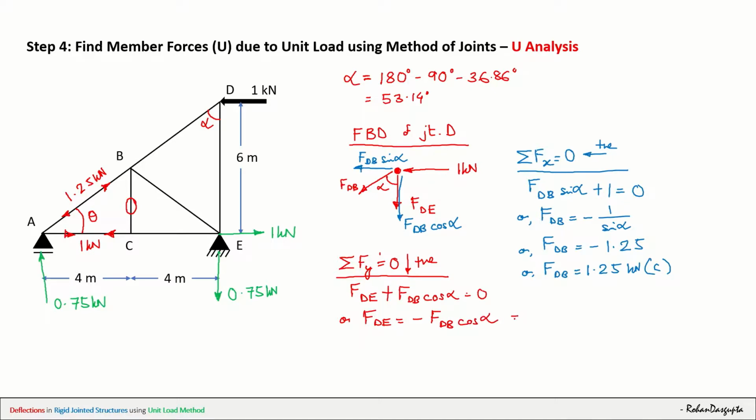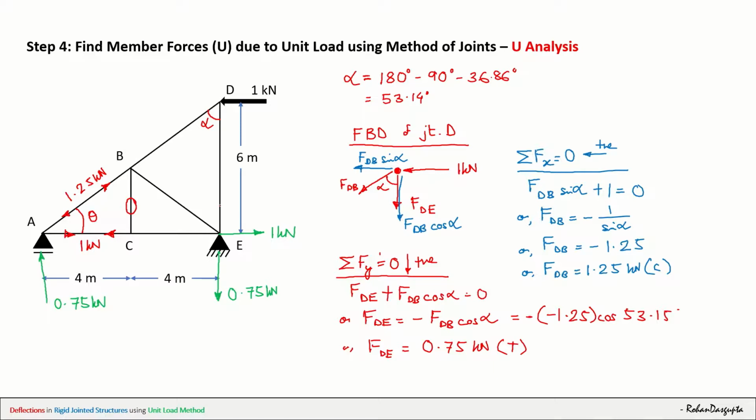Now here let me put the values. So minus, and FDB itself is minus 1.25, and cos alpha, alpha is 53.14 degrees. So if you find out, FDE will come out as positive 0.75, and that means that this is tensile in nature.